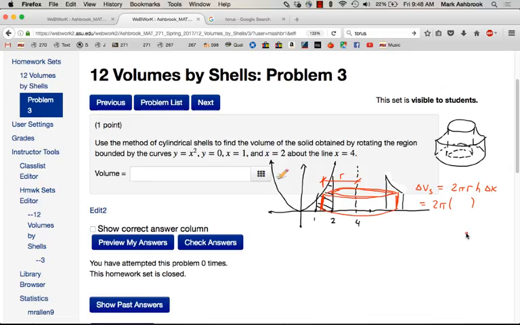So what's the greater x value there? This is x2 here, and this is x1 here, where the strip is. So x2 is 4 for all of them. x2 is 4, it's the center of rotation, its radius. x1 is just the x coordinate of this curve. So it's just x.